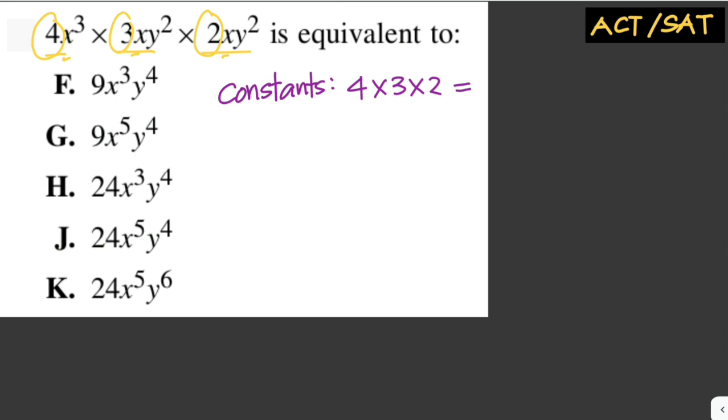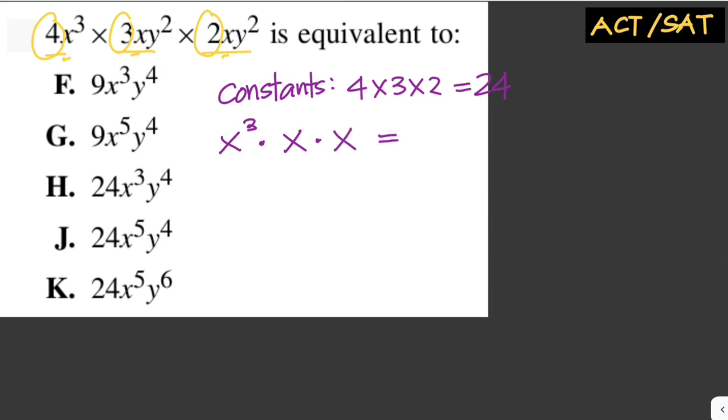So we can multiply 4 and 3 and 2. So 4 times 3 times 2 is just equal to 24. And then we can combine the x terms, x cubed times x.